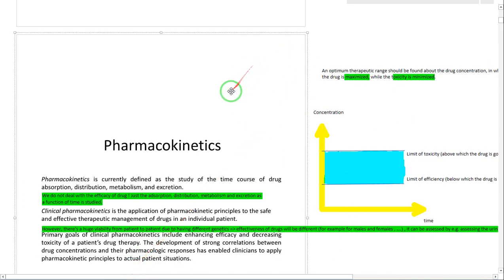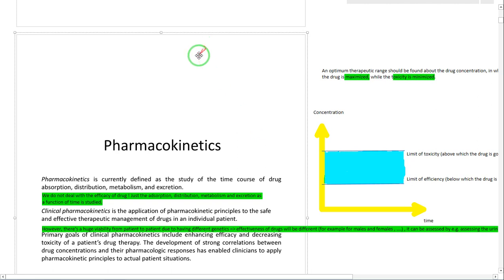Now let's talk about the pharmacokinetics. When we administer the drugs, in the case of pharmacokinetics, we talk about how this drug is going to be distributed, and the metabolism and the excretion of the drug in the body are going to be studied.